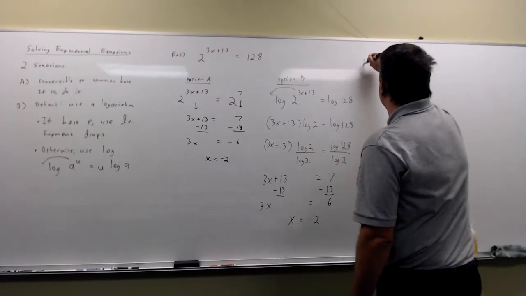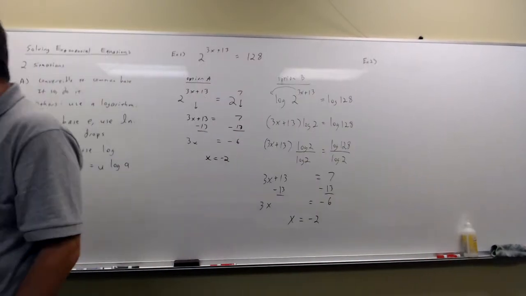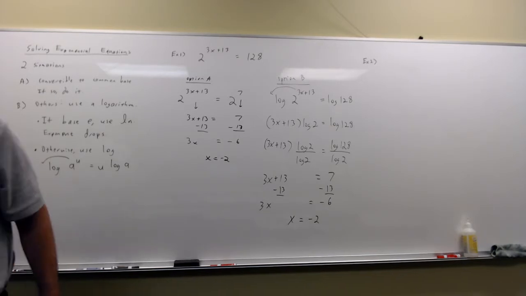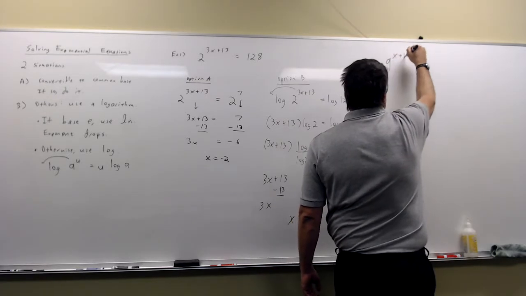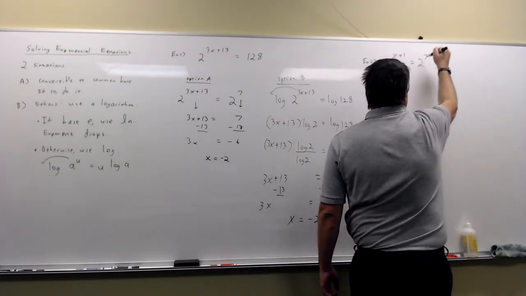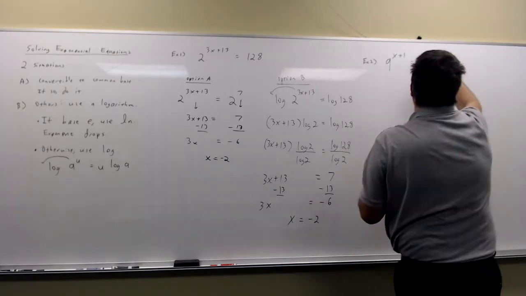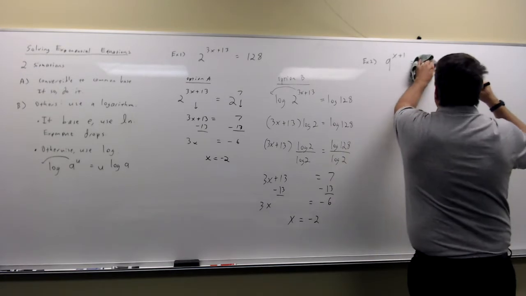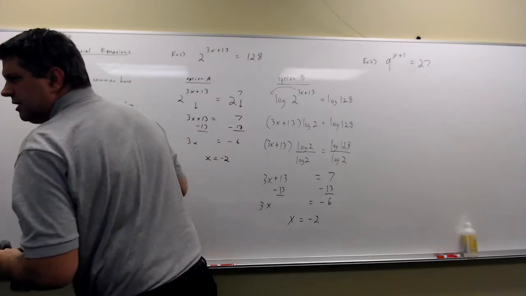Here's example 2. I get my examples off my document off camera, so I'll be back in a moment. 9 to the x plus first equals 27 to the x minus fourth.